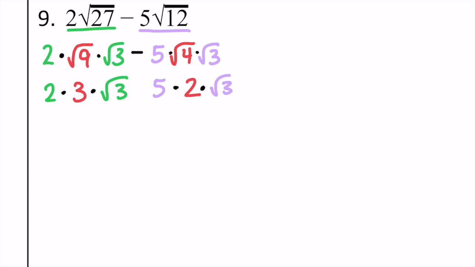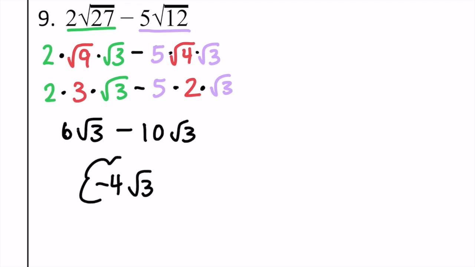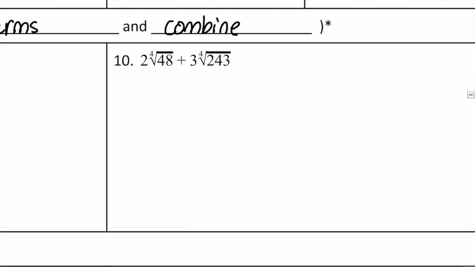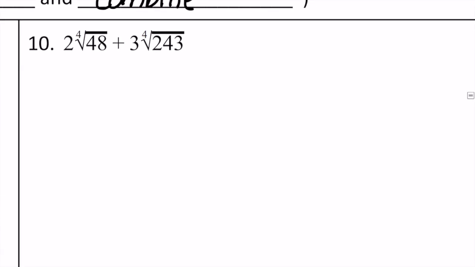And that's going to give me 6 square roots of 3 minus 10 square roots of 3, which is negative 4 square roots of 3 if I combine. So I have 6 square roots of 3 minus 10 square roots of 3, that's negative 4 square roots of 3.